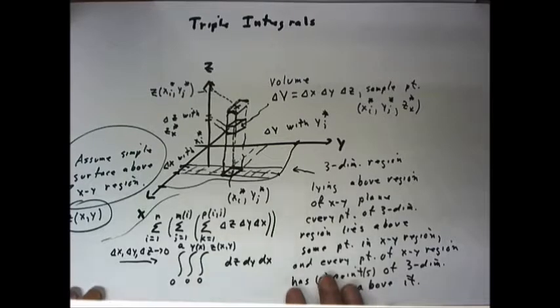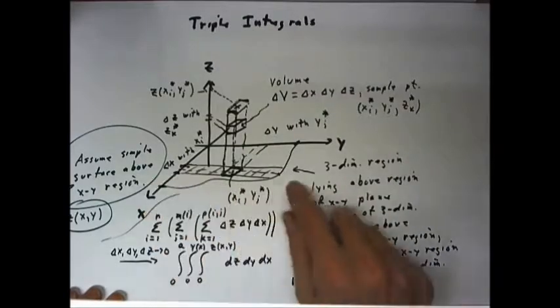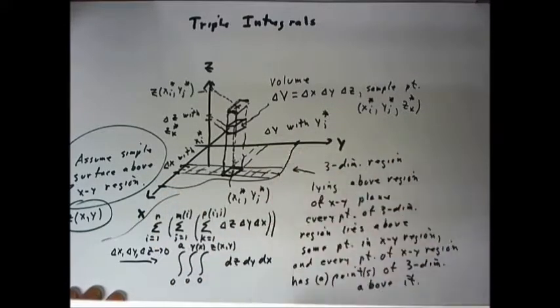We can deal with a situation where we have multiple encounters with the surface, multiple encounters with the curve here, but for most of our applications that's not going to be particularly complex or difficult to deal with.